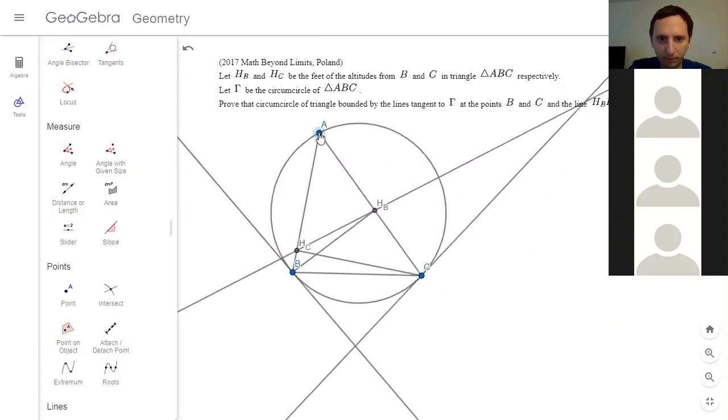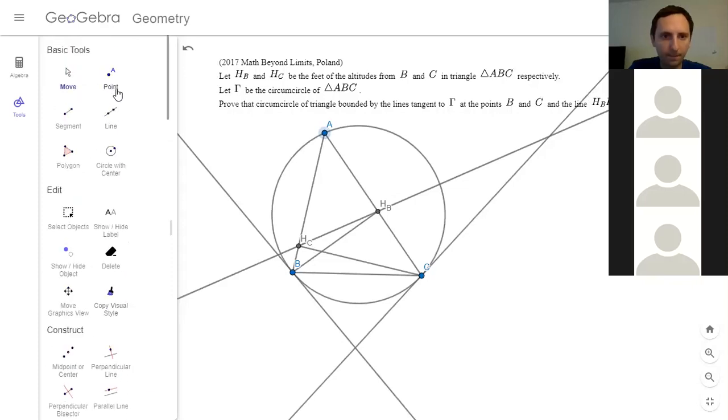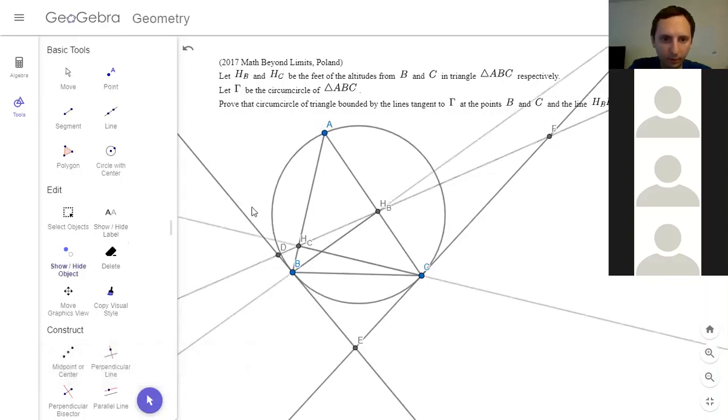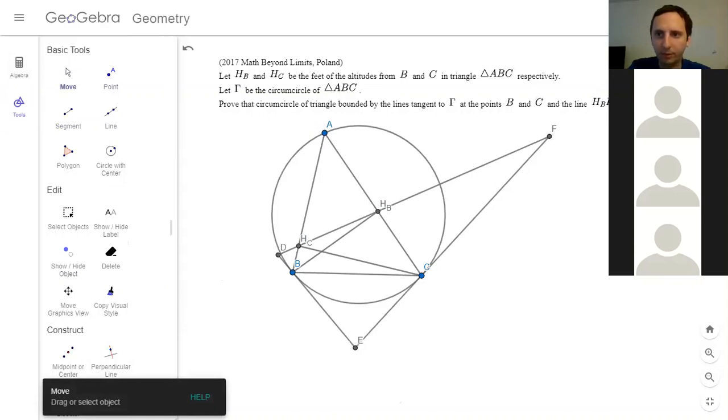And they're saying the circumcircle of this triangle is tangent to the circumcircle of ABC.